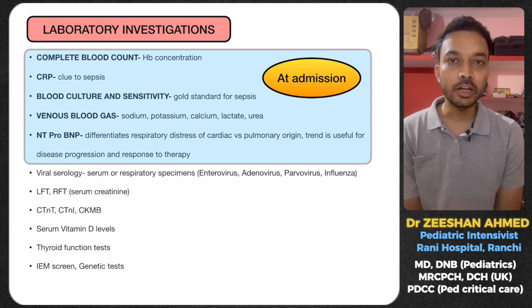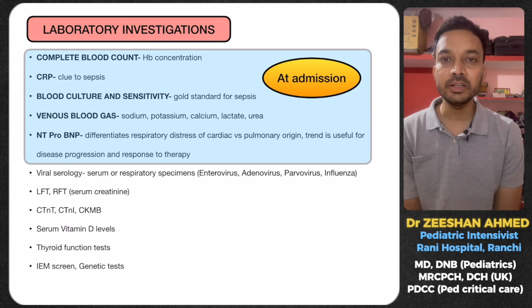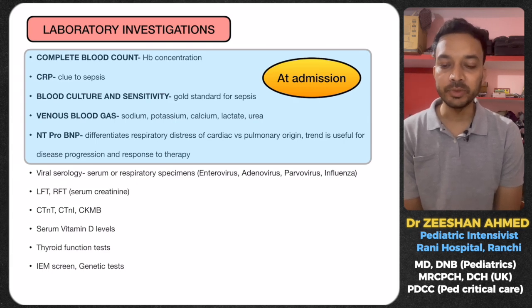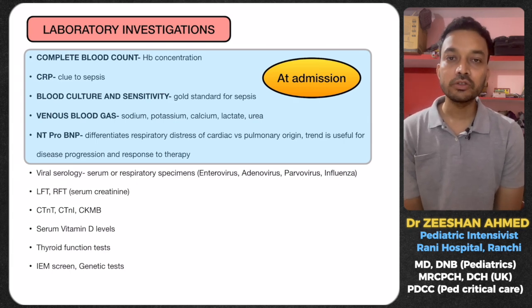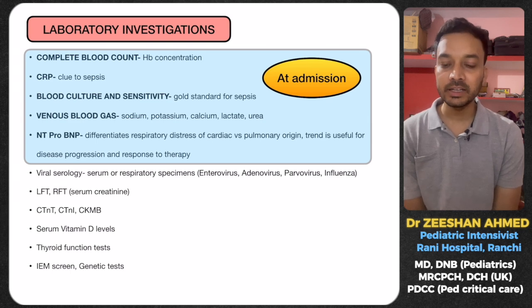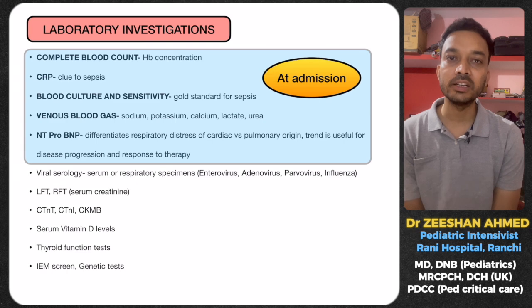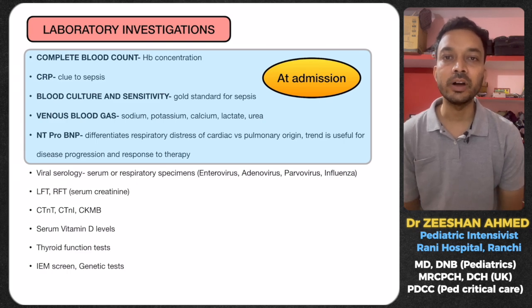There are certain other biomarkers apart from NT-proBNP like cardiac troponins, TnI and CK-MB enzyme, but these do not give any additional information. We can also think about doing the serum vitamin D levels and the thyroid function tests, because if there is hyperthyroidism or vitamin D deficiency, it can lead to aggravation of the already existing heart failure.